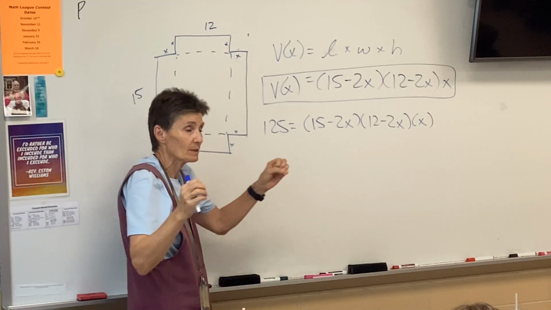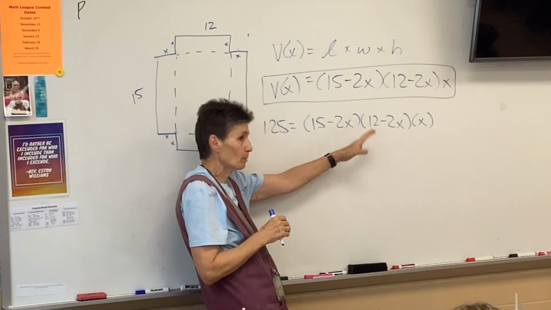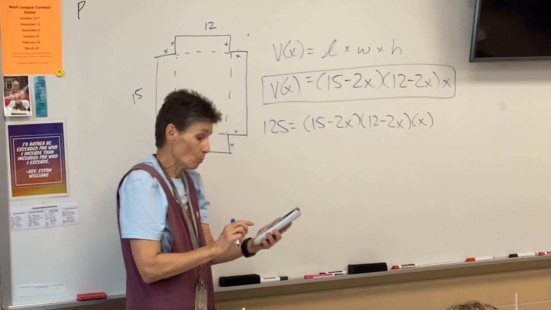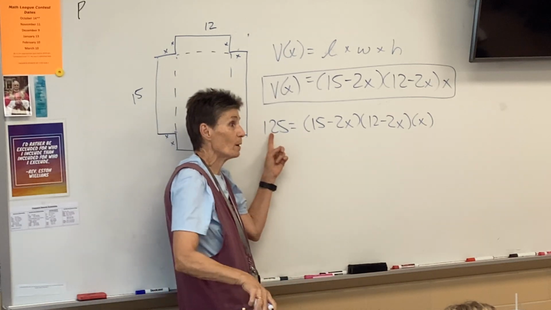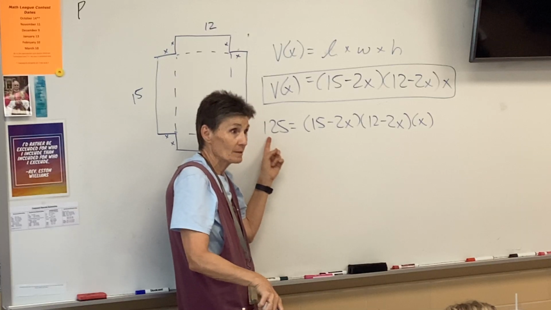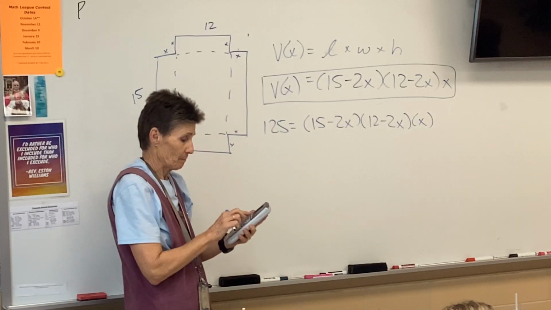Don't waste time multiplying it out. Your calculator can handle the parentheses. So if you leave it like that, you are going to have to make a window adjustment. Remember, one of your equations is going to be y equals 125. So that's big.